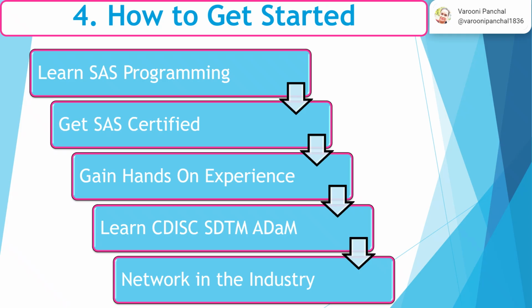You may not get a stipend or some monthly amount of money, but at least some kind of help just to begin your career in the industry. That's quite essential.